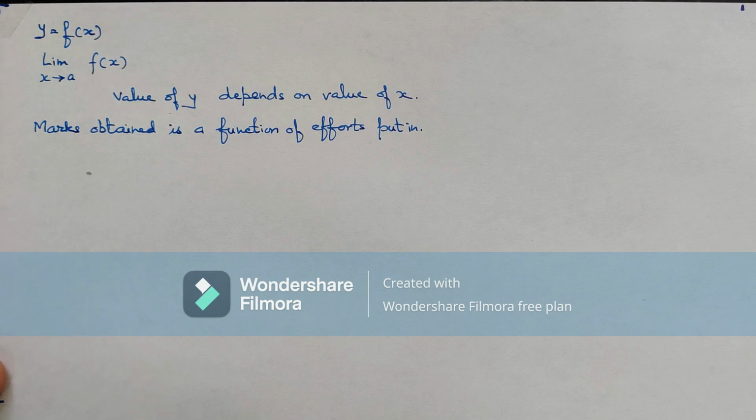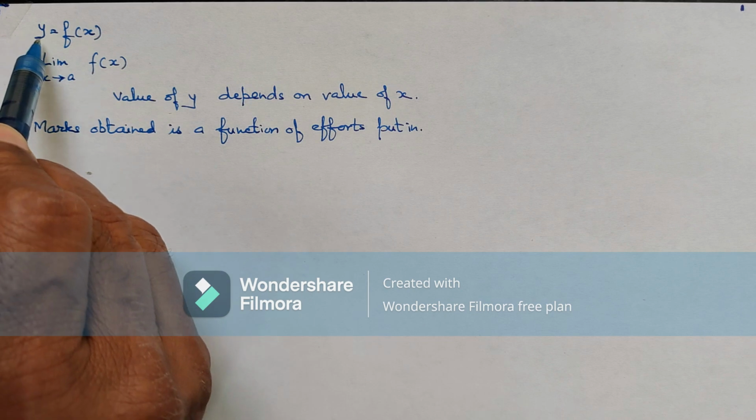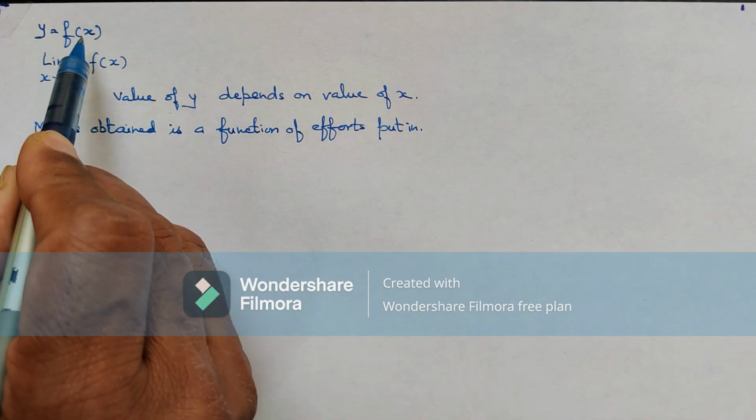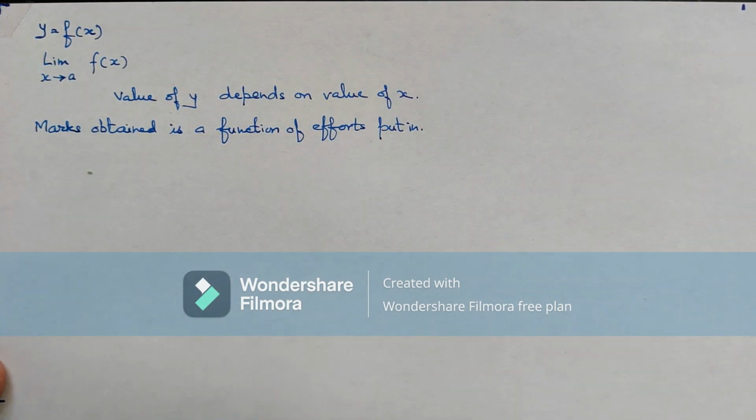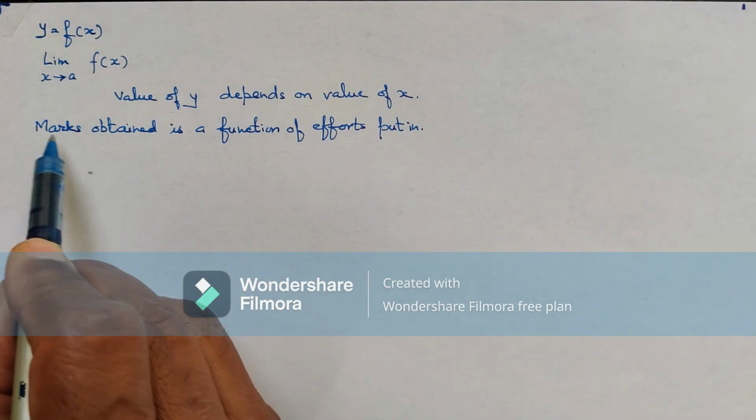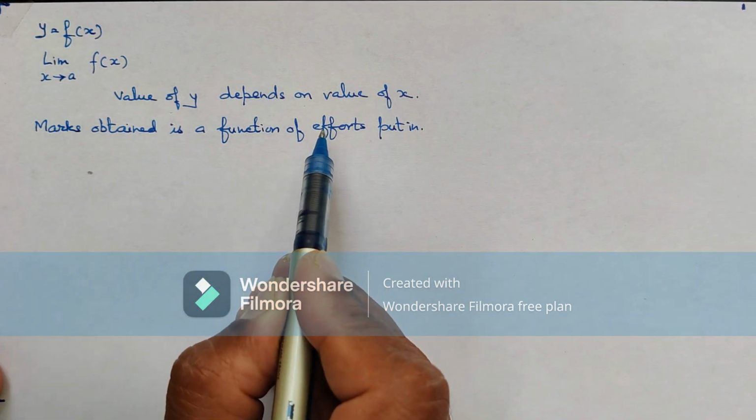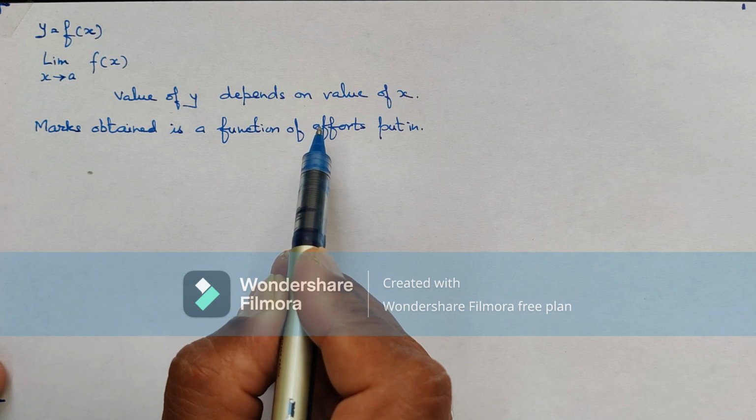In the language of mathematics, however, the dependency of y on x is very definite, unlike the vague relationship described in this statement.